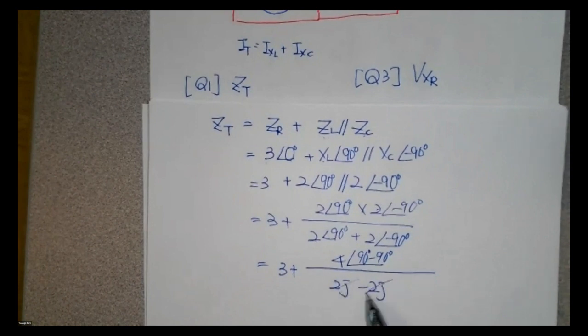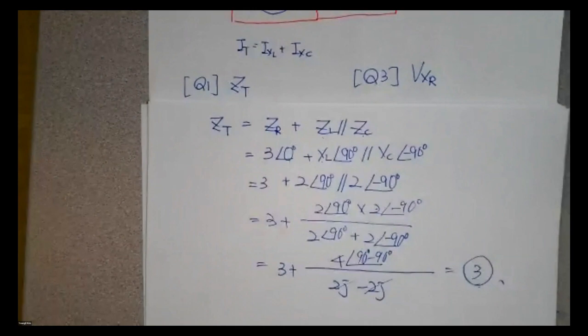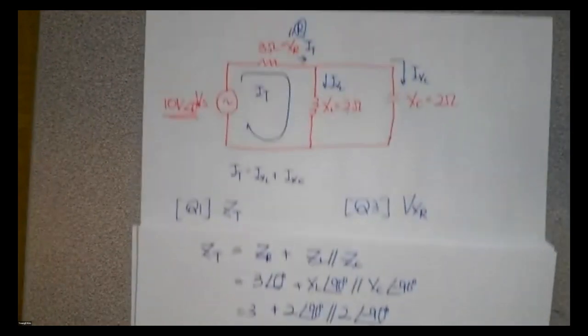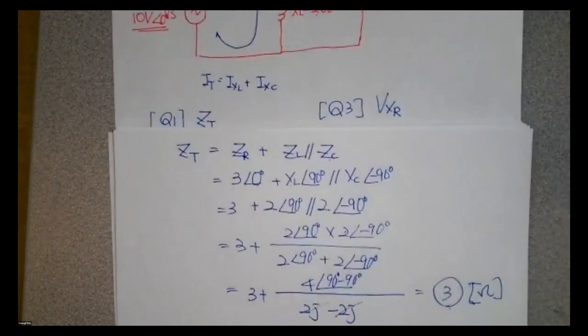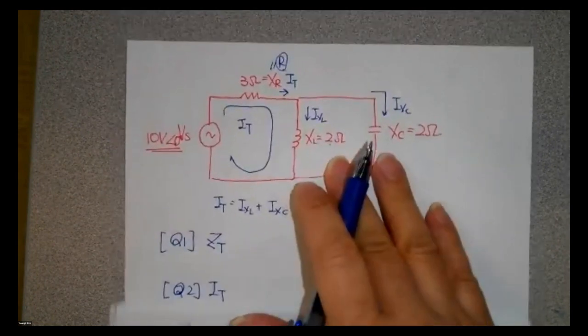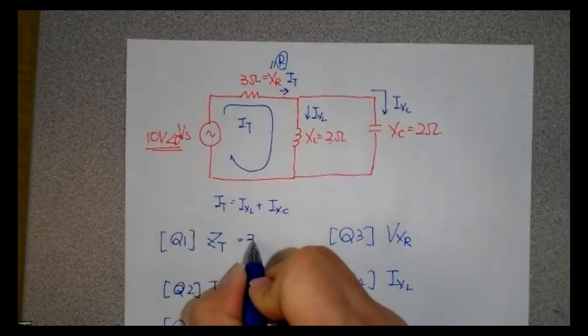So that is the 0, right? 3 ohm. The answer is like 3 ohm. Okay. All right, that's right there. So the question 1, the answer is like 3 ohm. Okay. So now we're gonna write in 3 ohm here.